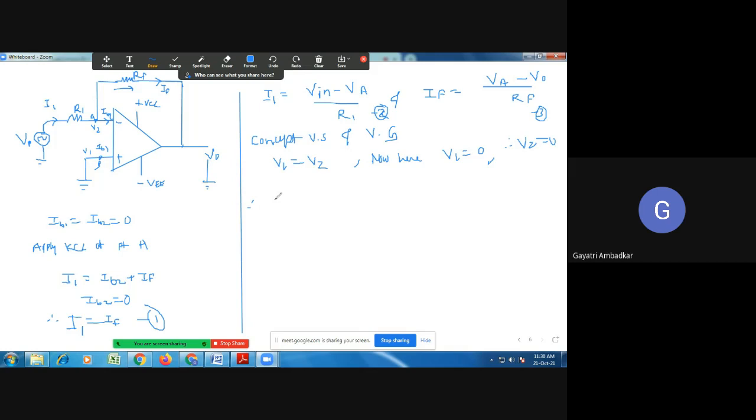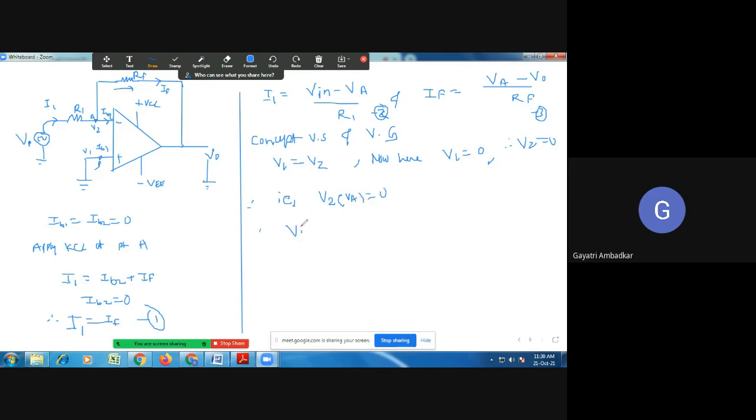Your equation 1 will become I1, which is V in minus VA, now VA shall be replaced by 0, because VA, that is V2, is equal to 0.